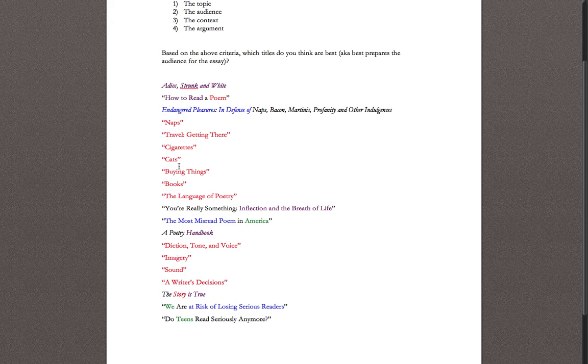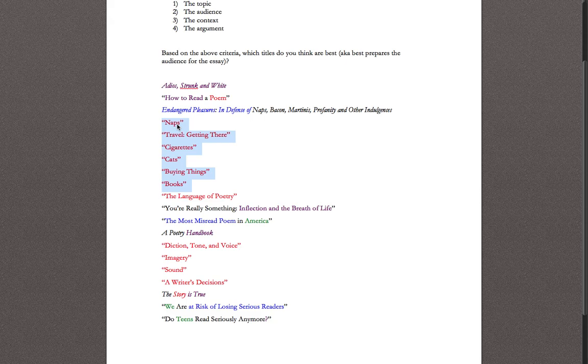What I want to point out is that even though we have a lot in this list that only introduce the topic, these six essays that only introduce topic are part of a larger book whose title is much more thorough and complex in what it introduces. So it's almost like we can read every essay in this book as Endangered Pleasure in Defense of Naps.